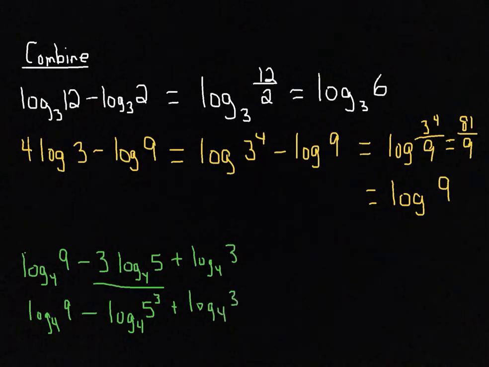Now that we take care of the power one, let's go ahead and work left to right. So this part is going to be division, and then this part is going to be multiplication.